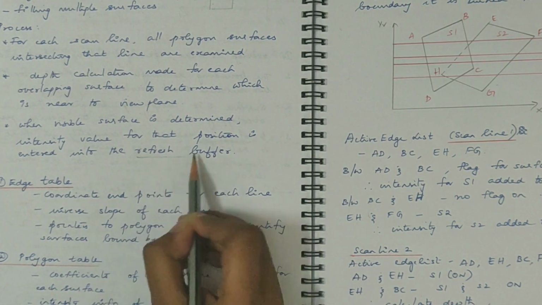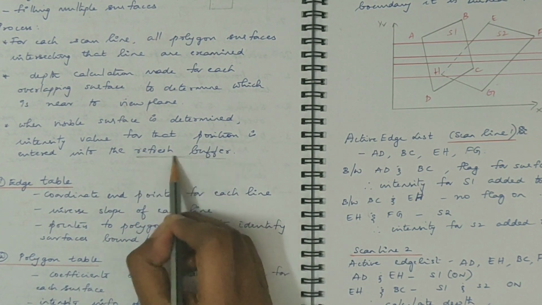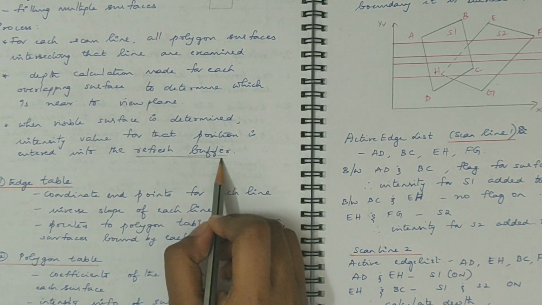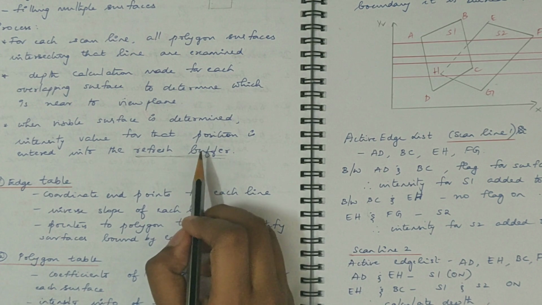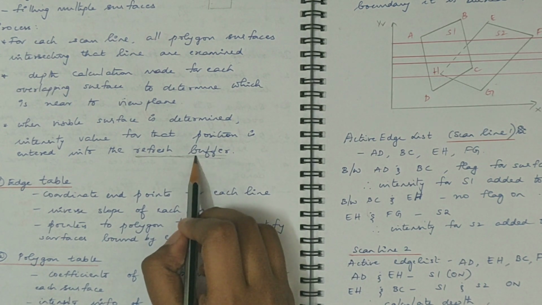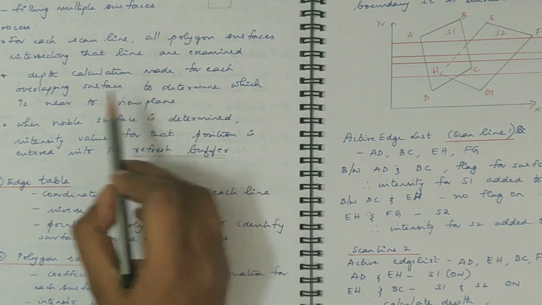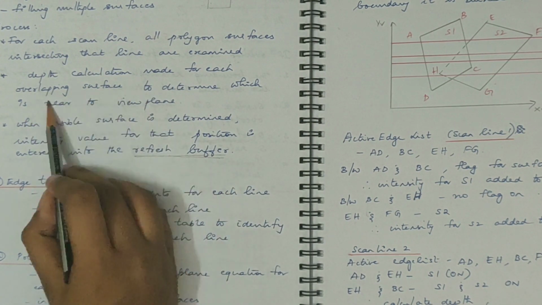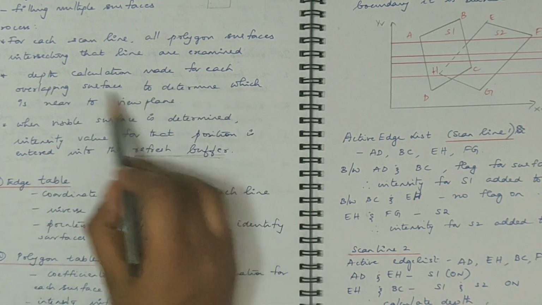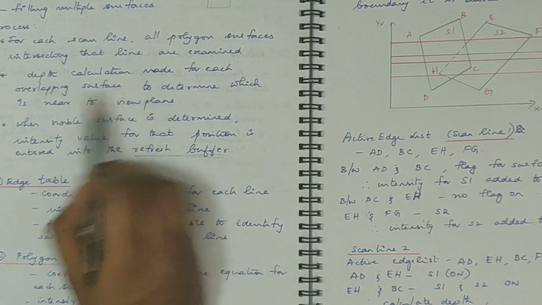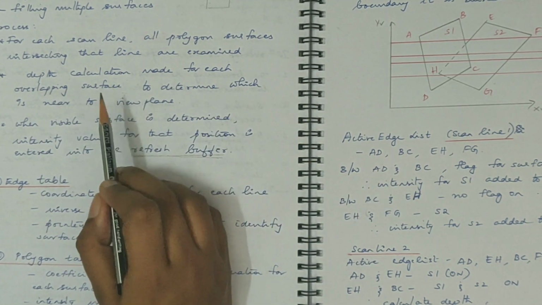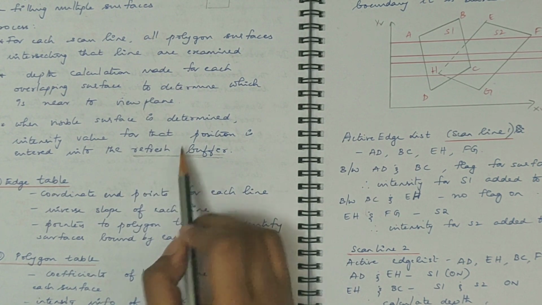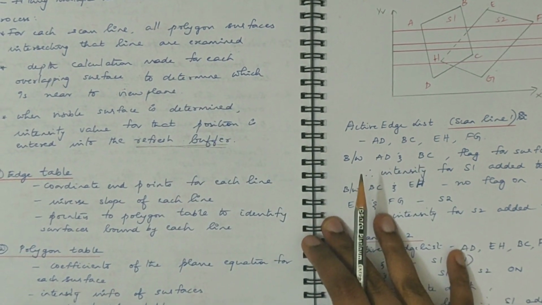We have already seen this refresh buffer in our depth buffer algorithm, where you store the intensity value of each pixel position. Only when there is a surface overlap, you will calculate the depth. If there is no overlap, meaning you only have one single surface, the intensity information of that surface will be added to the refresh buffer. So this is the overall process.